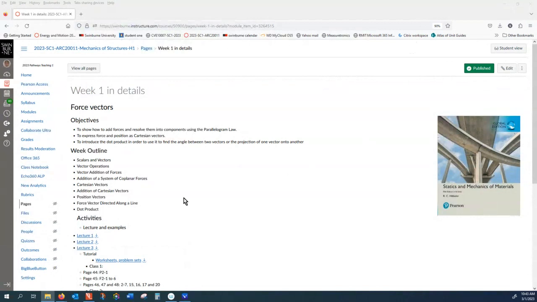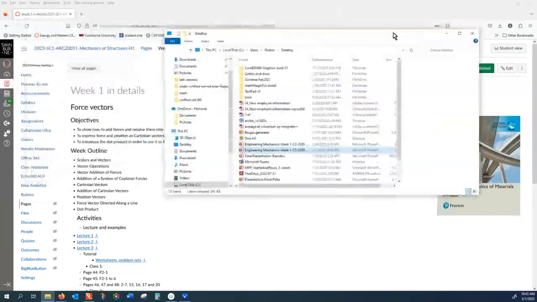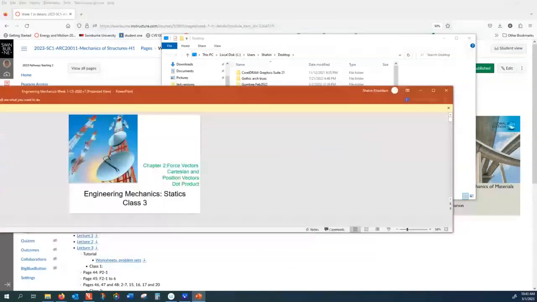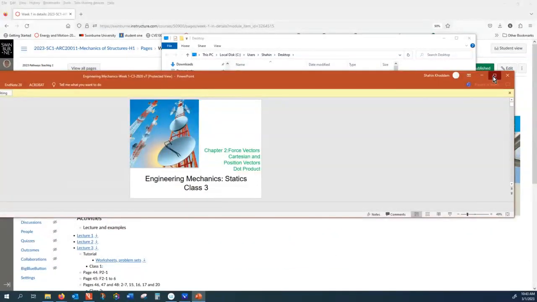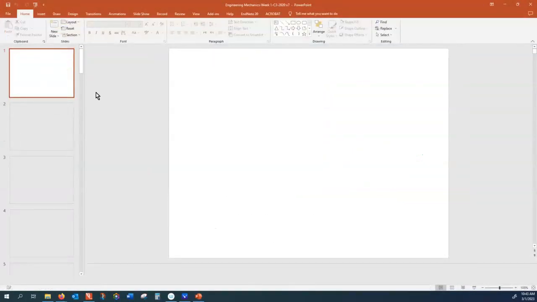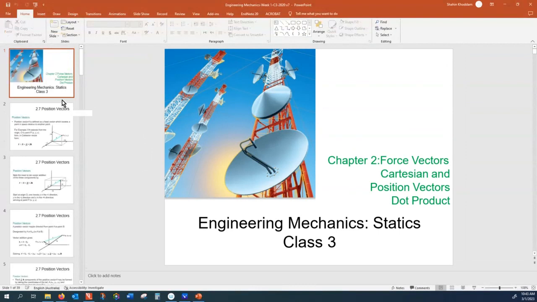Okay, so let me see where we are. Okay, at last. So we continue with the Cartesian coordinate in 3 dimensions.